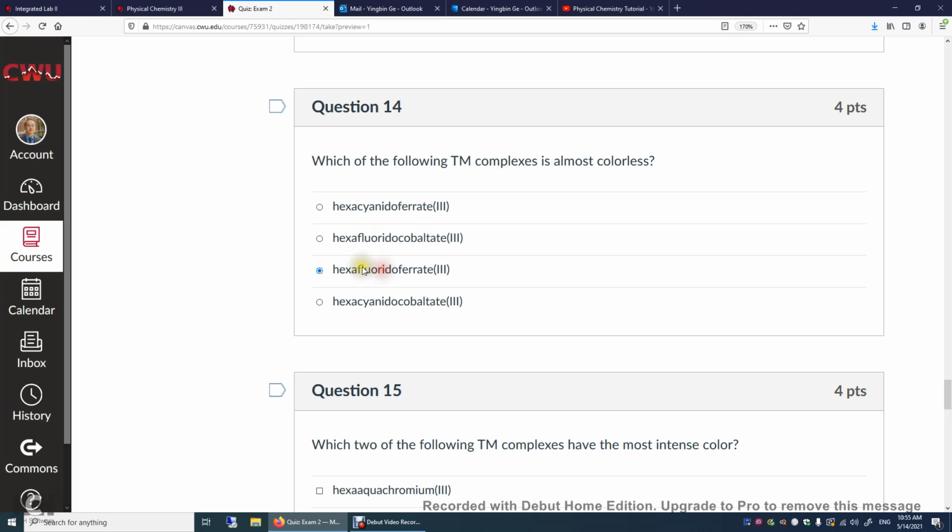And this is hexafluorido. Fluorido is a weak field ligand. That means we're looking at a high spin case. When you have a high spin d5 transition metal complex, each d electron occupies a different orbital.